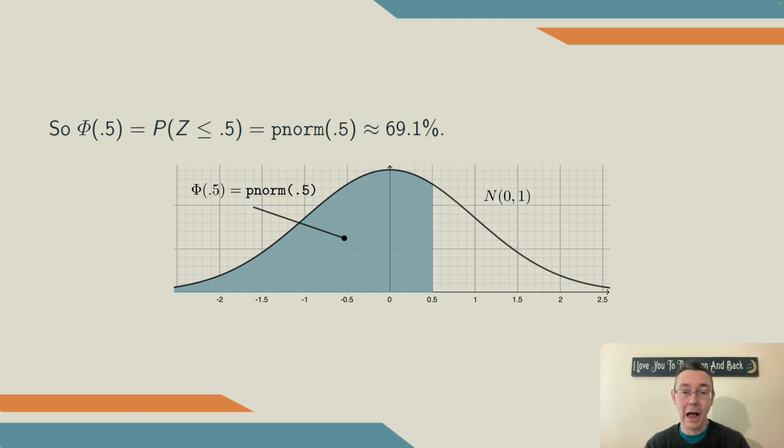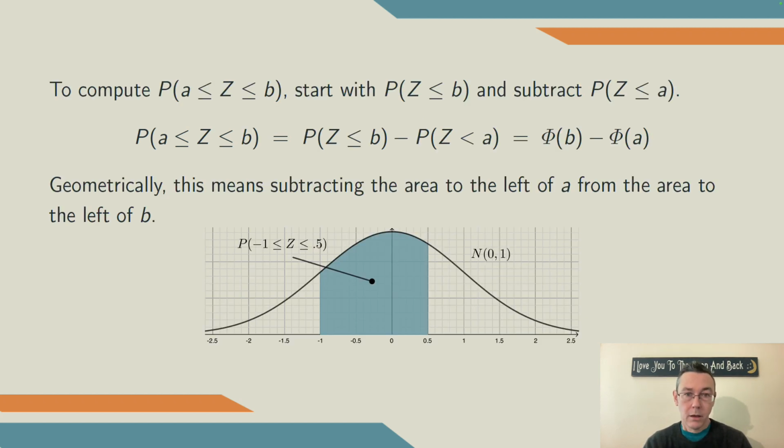To compute the probability that a z-score falls in a certain range, we start with the probability that the z-score is less than the right-hand endpoint, and then subtract off the probability that it's less than the left-hand endpoint. So we do Phi of b minus Phi of a. And geometrically, that means subtracting the area to the left of a from the area to the left of b.